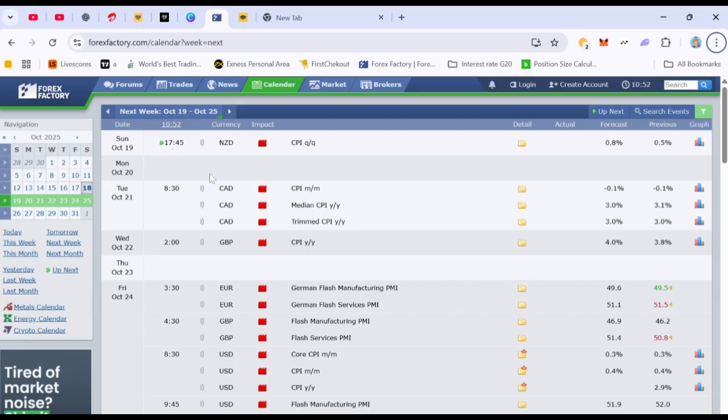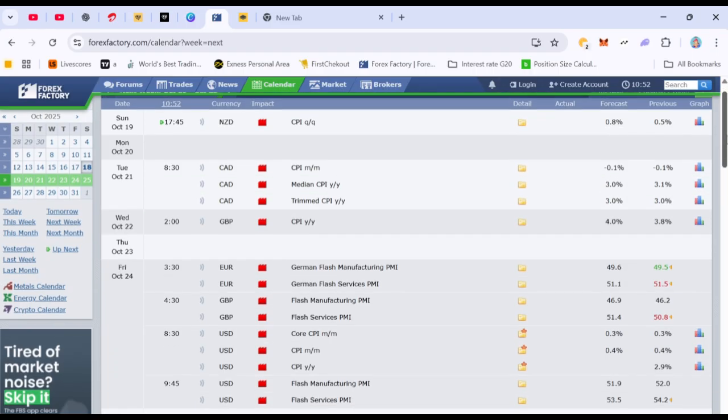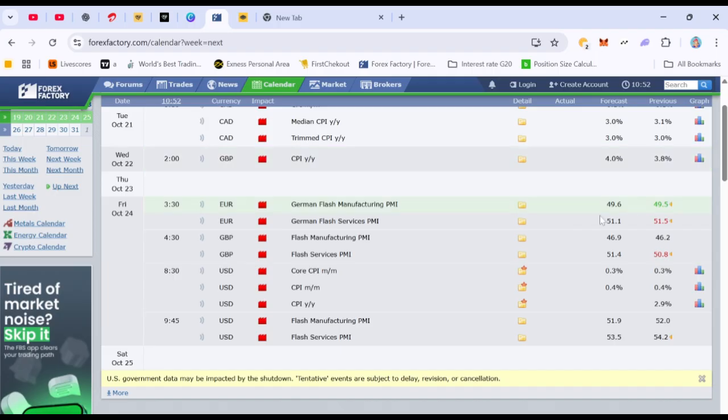On Monday, we do not have any news at all. On Tuesday, we do have CPI for the Canadian dollar. On Wednesday, we have CPI for the Great British pound. On Thursday, we do not have any news, but on Friday, we have lots of news.